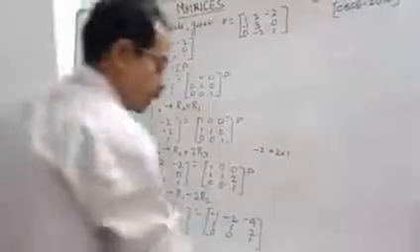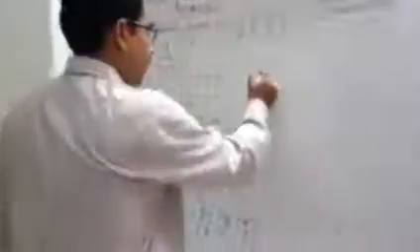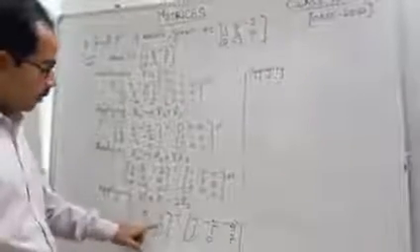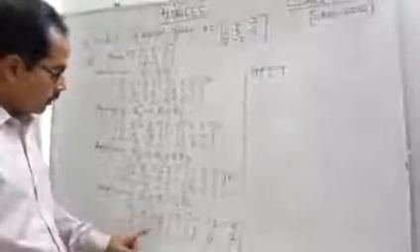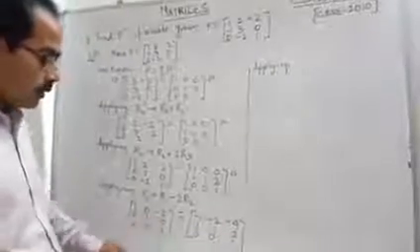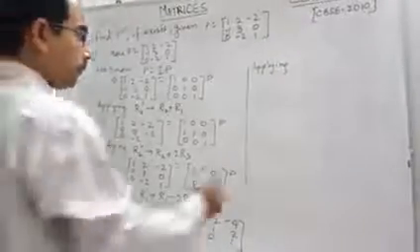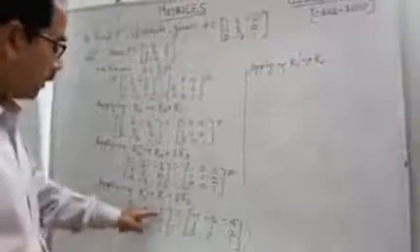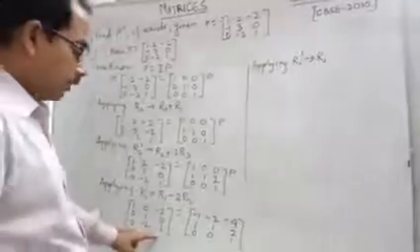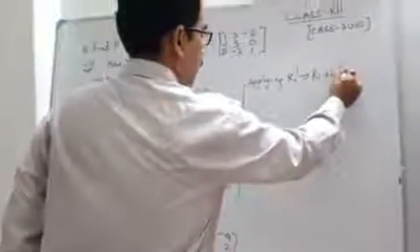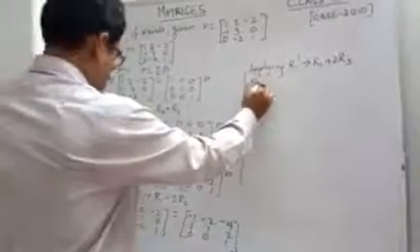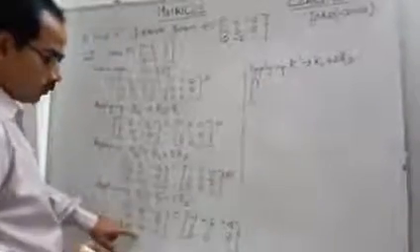Correct. Not yet completed. Let us apply over here. Look at here, this much we have got. Now what we have to do: this one 0, this one 0, correct? So this one 0, let us make it with R1 prime tends to R1 plus 2R3.